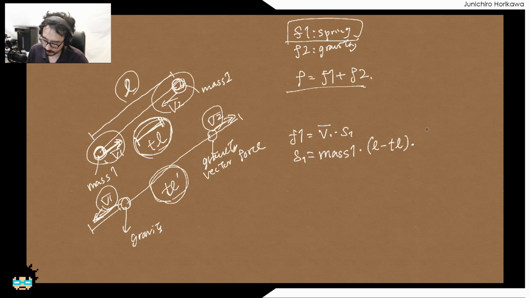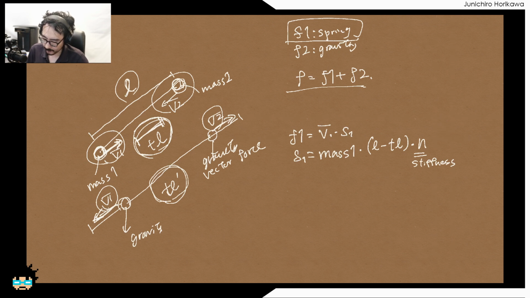S is already being used, so I'm going to call this N as a stiffness. This is similar to G, which is a coefficient value.